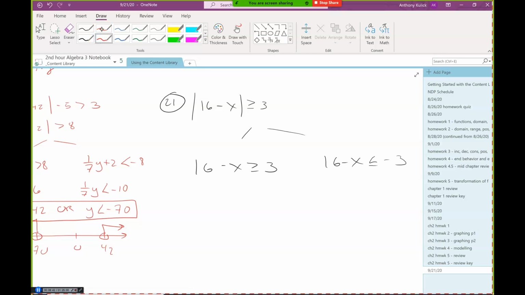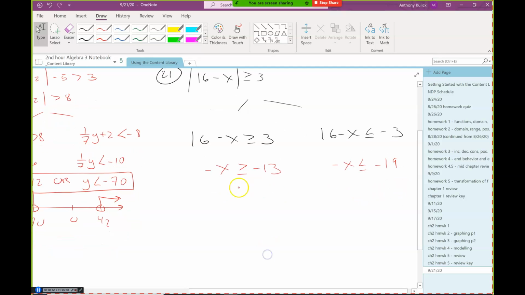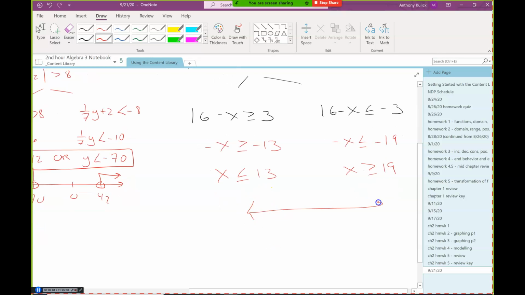So now I'll just start by subtracting 16 from both sides. Okay, and then we have to divide both sides by negative 1. When we divide by a negative, we have to remember to flip the inequality symbol. Okay with that? And now we'll graph to just see which one it is, whether it's an AND or an OR.